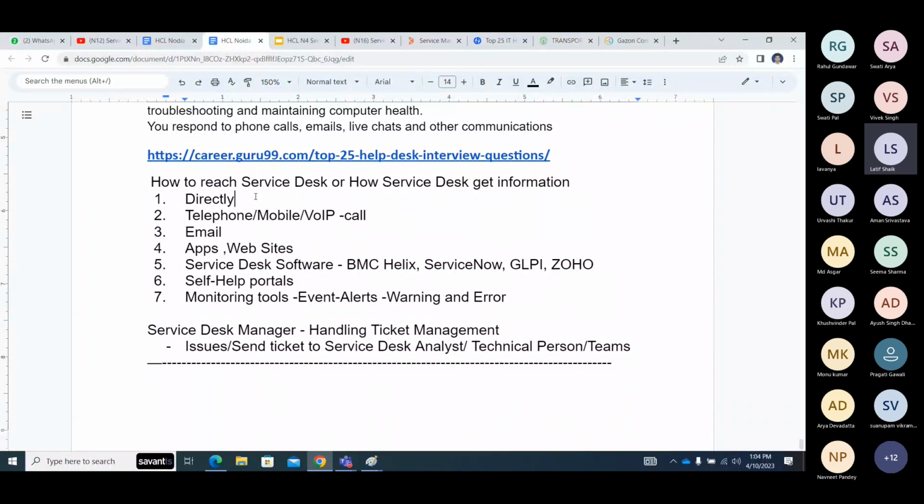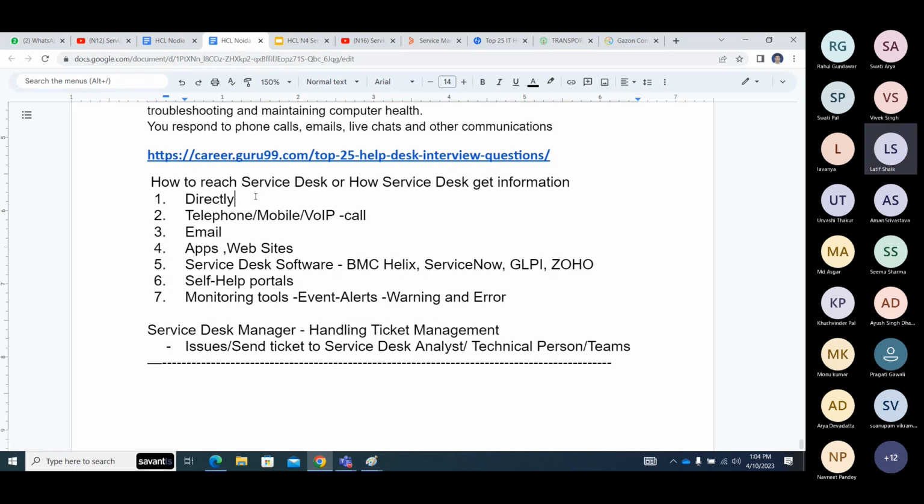Self-help portals and monitoring tools also monitor the infrastructure status. When any events or alerts occur, they immediately throw a notification or alerting ticket. Some monitoring software automatically creates a ticket from the alerts.